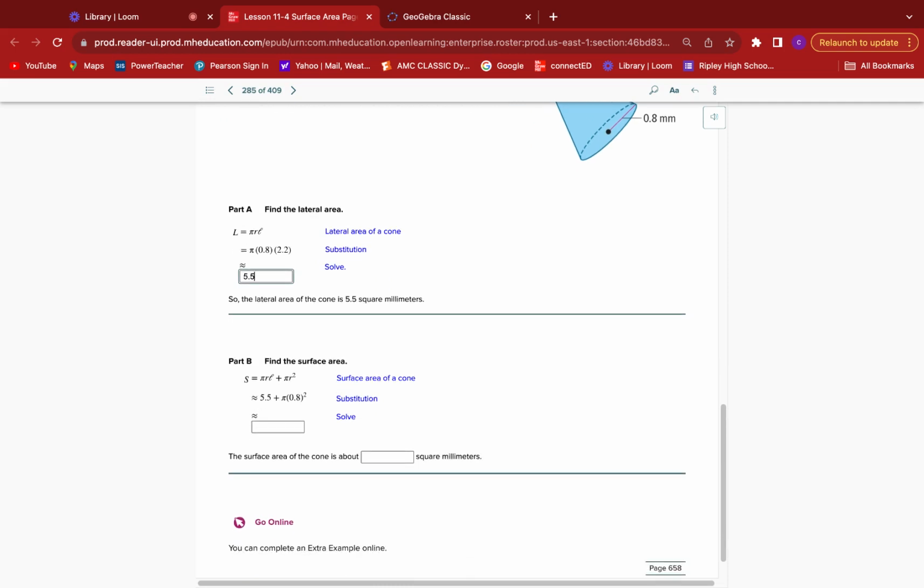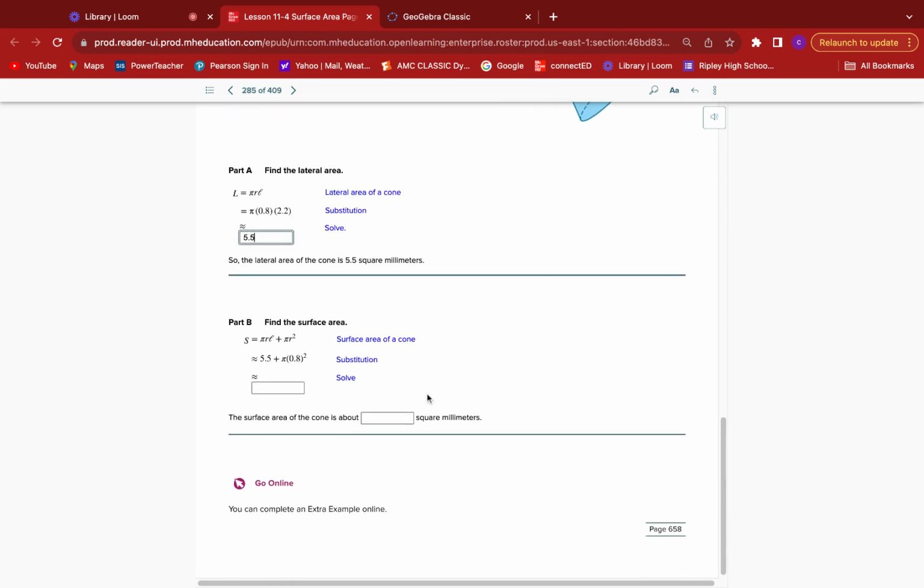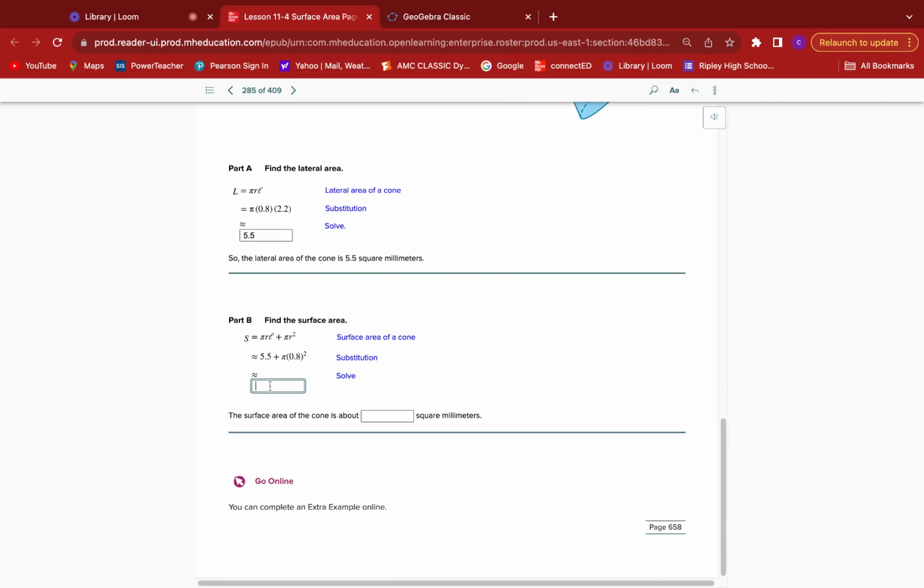And, okay, looks like they did that for me. It's pi times 0.8 squared. There's only one of them because there's only one circular base. Remember, the cylinder has two. That's why it's 2 times pi r squared. All right, so it looks like I am ready to grab a calculator and put in 5.5 plus pi times 0.8 to the power of 2, because it's pi r squared.